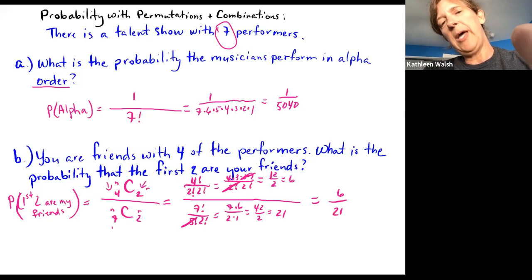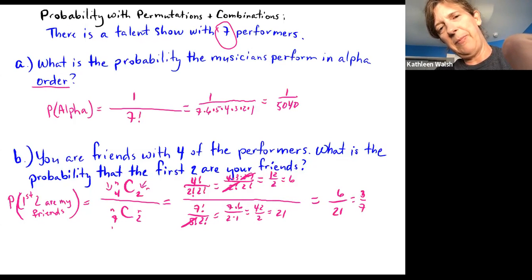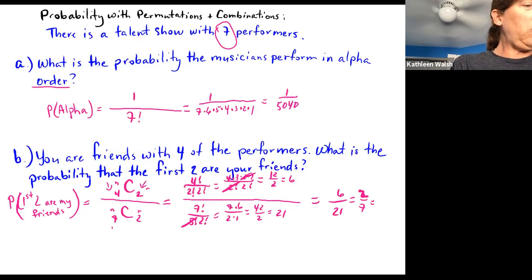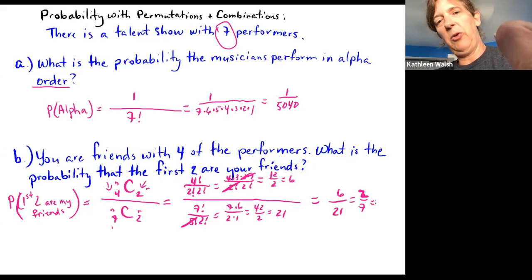If I were to leave this as a fraction, I could reduce it, and that would be 2/7. Or I could turn it into a decimal: 2 divided by 7 is about 0.2857.